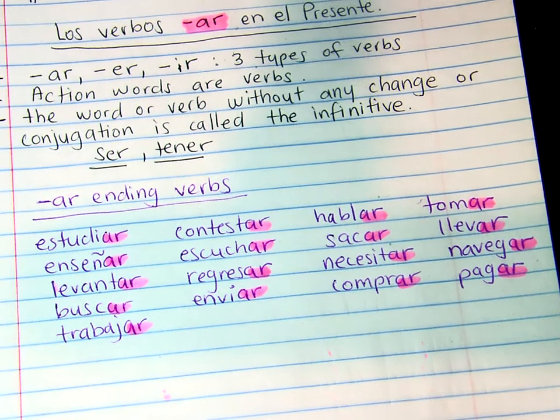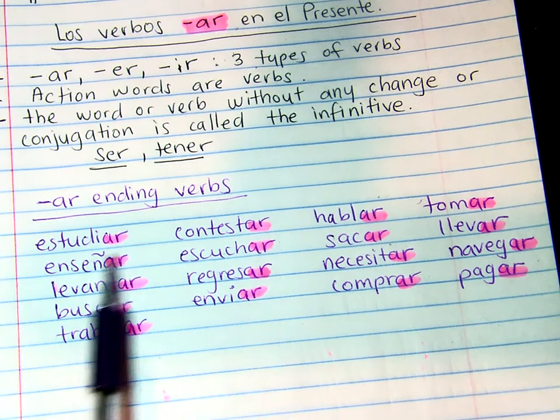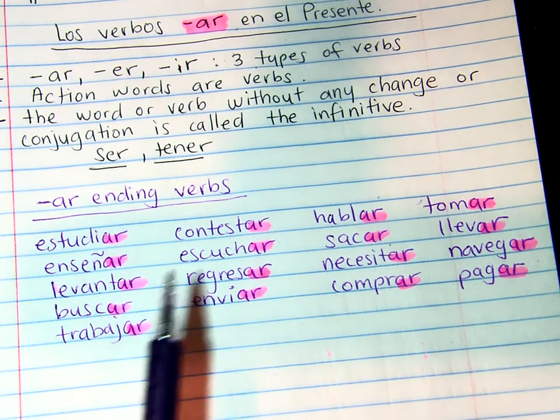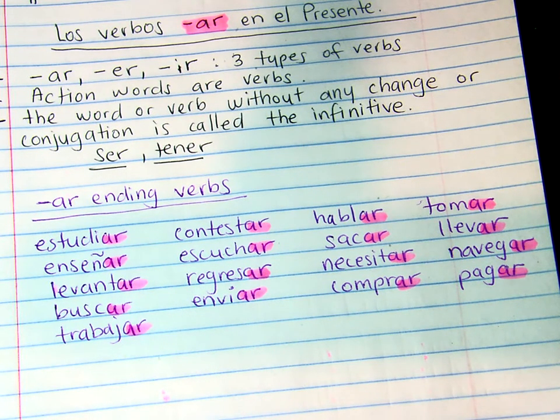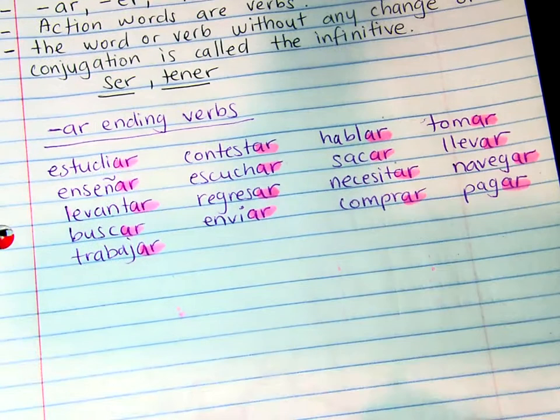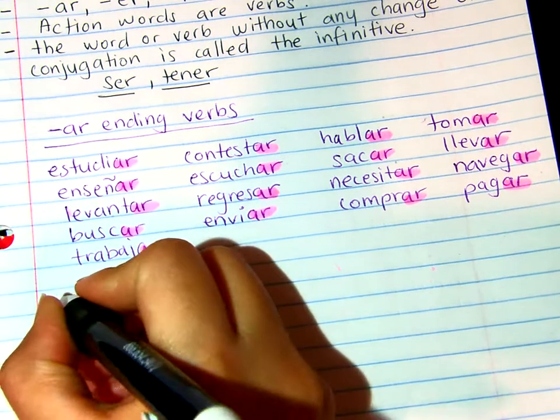Okay, so all of these words might seem like a lot, right? However, there's an easy part to it. To make a change, you only have to learn a set of endings that you add to it, okay? I'm going to tell you what those endings are, and I will explain how to do it.